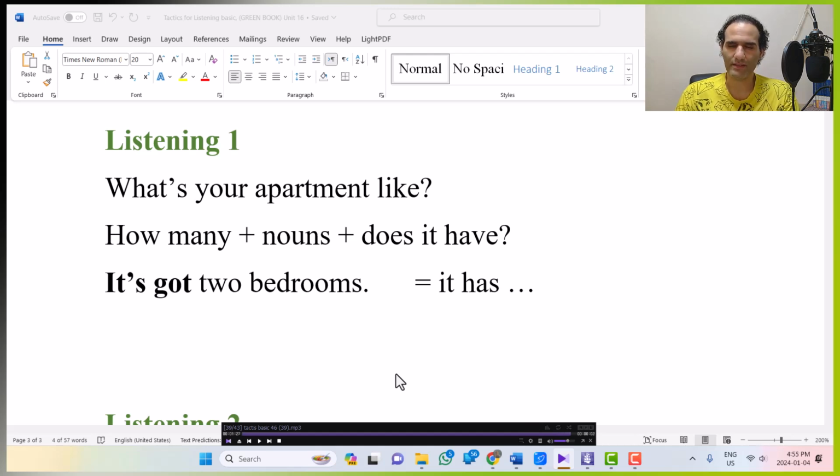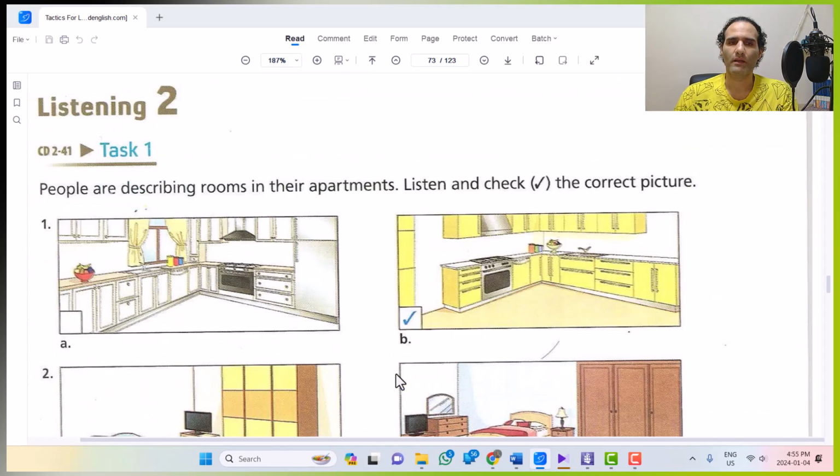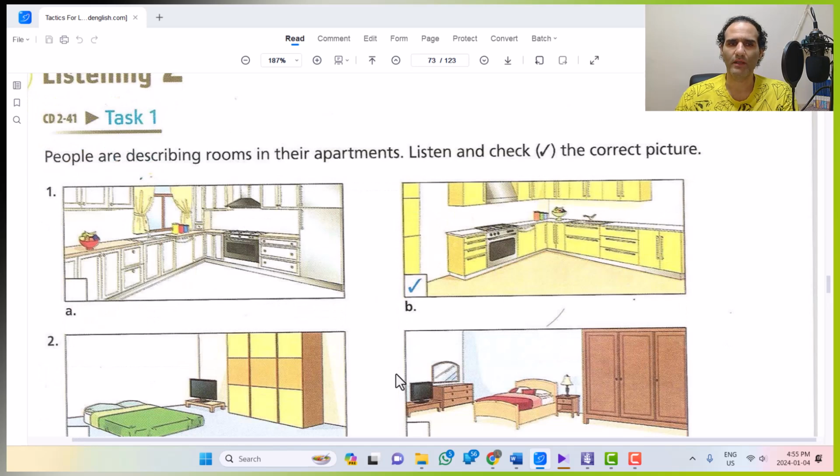Okay, listening part 1 finished. Now, listening 2. 2 pictures for each listening. Our job is to pick which one the person is talking about. So before listening to the part, here in number 1, we got 2 kitchens. One of them has got curtains, the other one is missing curtains.